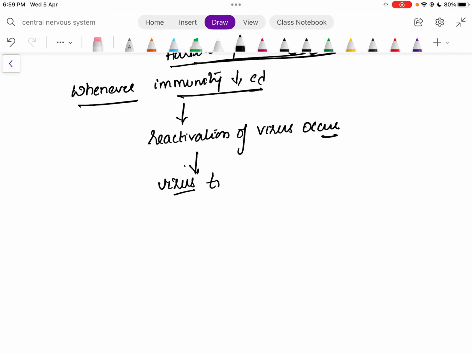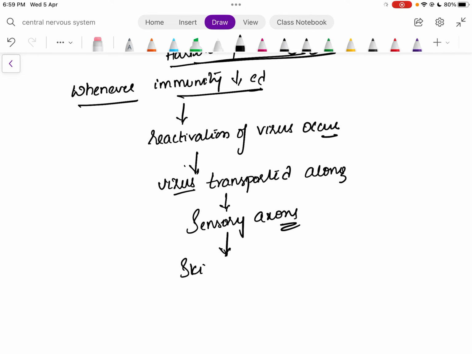With the reactivation, the virus will be transported along sensory axons to the skin. If they infect the skin, what will they cause? They'll cause blisters.